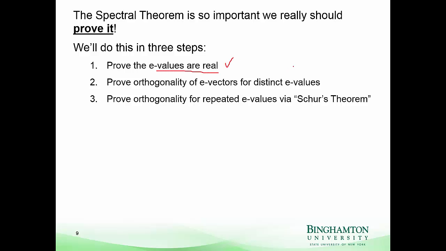So a symmetric matrix has all real eigenvalues. Then we can easily prove the orthogonality for distinct eigenvalues for a symmetric matrix. Again, that's pretty easy to prove. The third part, proving the orthogonality for repeated eigenvalues, is considerably more difficult, and I just punt here.